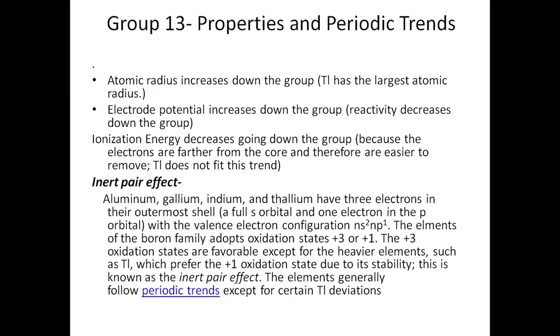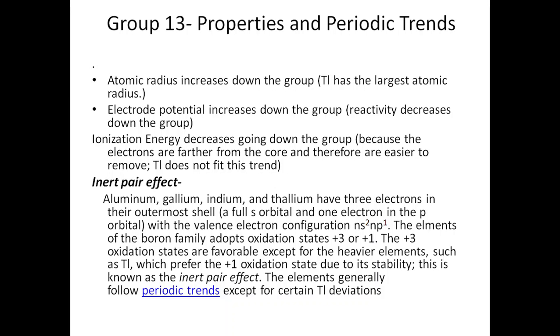The +3 oxidation state is favorable except for the heavier elements such as thallium, which prefer the +1 oxidation state because only one electron can be easily given out. The inner two electrons are stable, completely filled s orbitals, so they cannot be easily given.